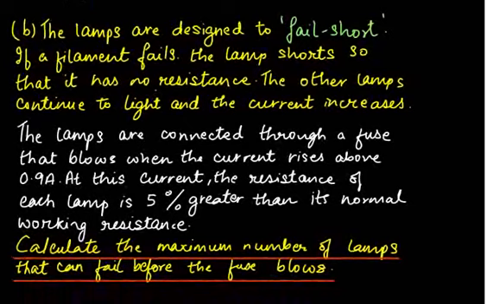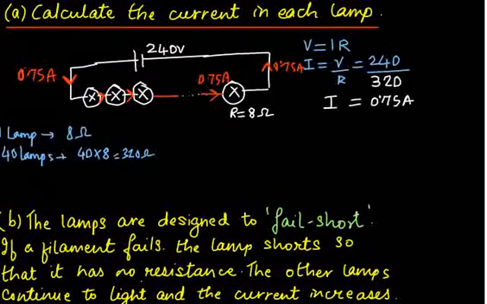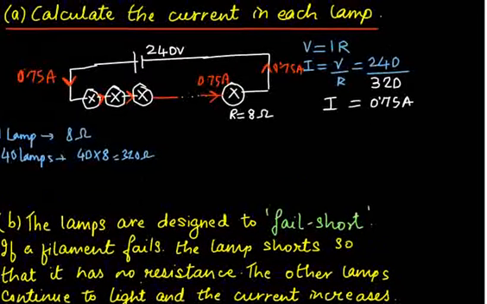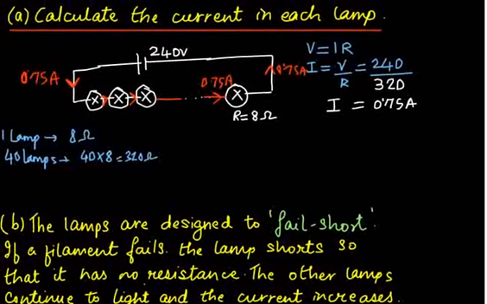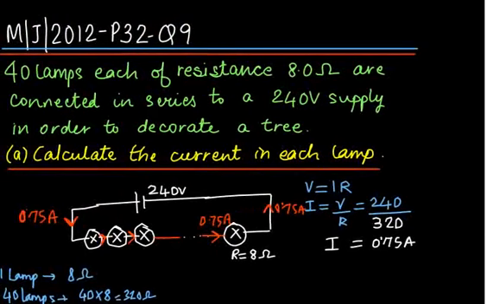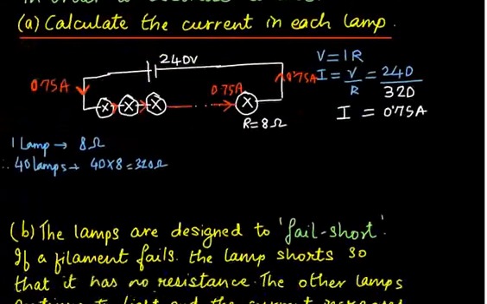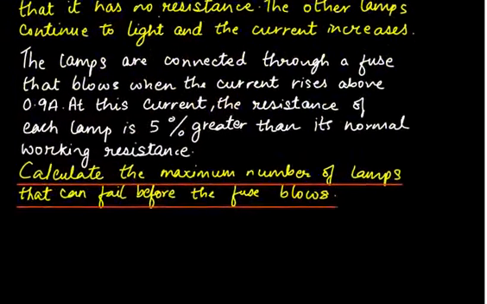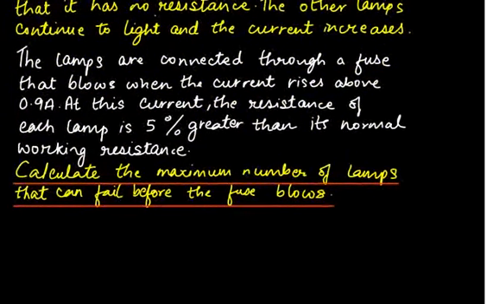The normal working resistance in this circuit was 8 ohms. They've already given you that 40 lamps each of resistance 8 ohms are connected, meaning normal resistance was 8 ohms. And they are telling you when the current exceeds 0.9 amps, the fuse blows, and at that current the resistance is 5% greater than its normal resistance.